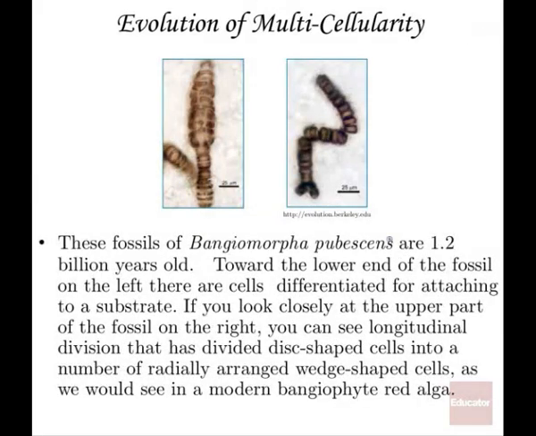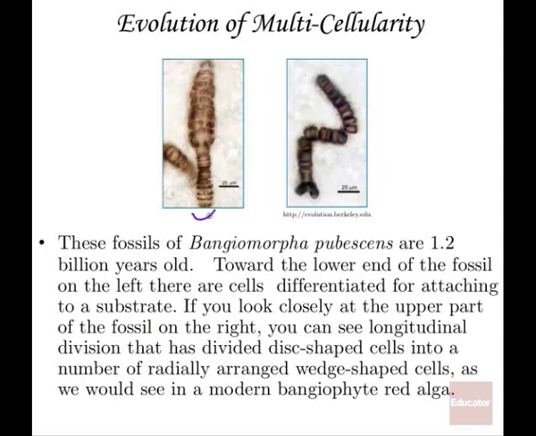So these pictures here are of the red algae, and they're fossils. They're 1.2 billion years old, and at least on the left here, we have this area which shows this kind of budding, this creation of more than one cell.